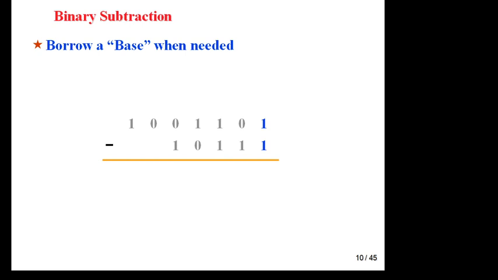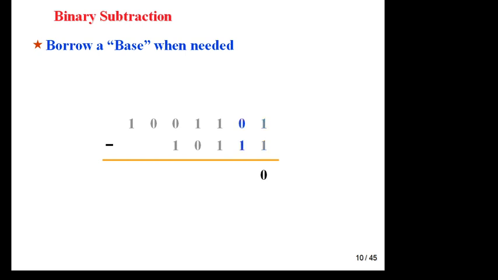If x2 is greater than x1, you have to take one borrow from the previous bit. In addition we passed one carry; in this case it is the reverse process. You just have to take one borrow from the previous bit.